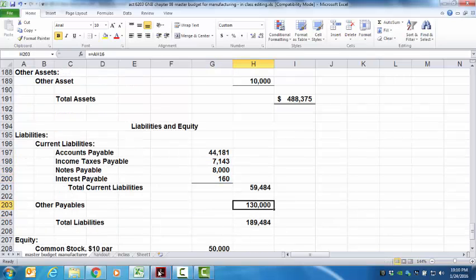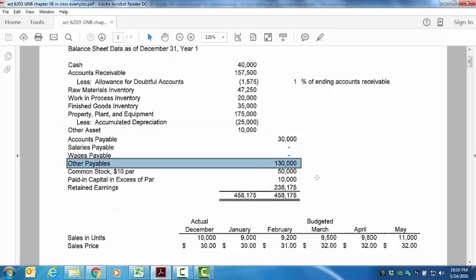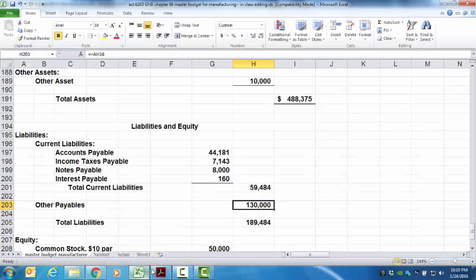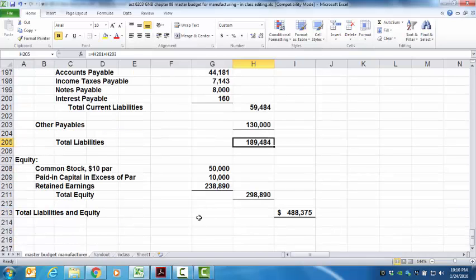The other payables, they were listed on our existing balance sheet at $130,000, and I haven't changed them. We didn't do anything with them, so they're still $130,000. You can think of it like a long-term bond that's still due. And you can add those two together to get your total liabilities. The only thing left is the equity section.